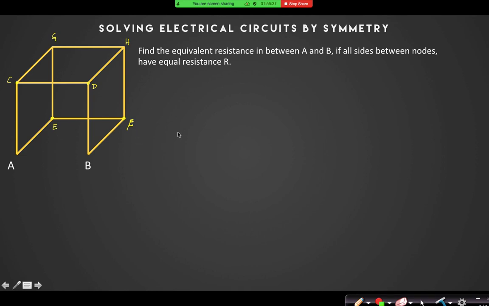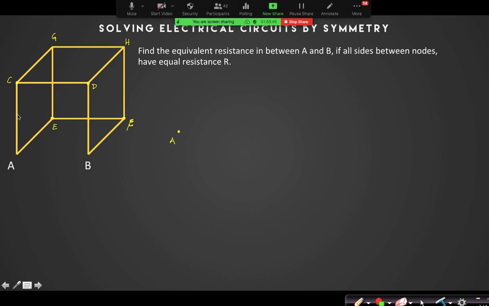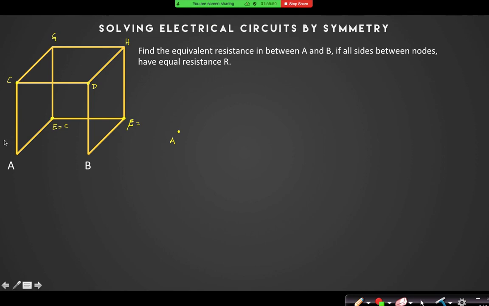Let us first do it in this way. Suppose this point is A. Now I can say E equals C and F equals D. Between A and C, there are two resistors. Can you see? I have drawn this resistance as well as this resistance.